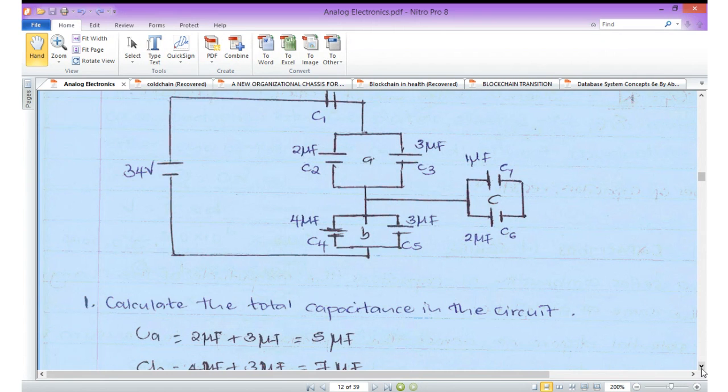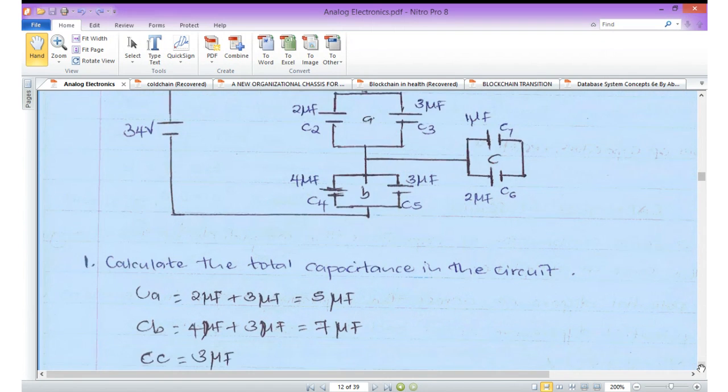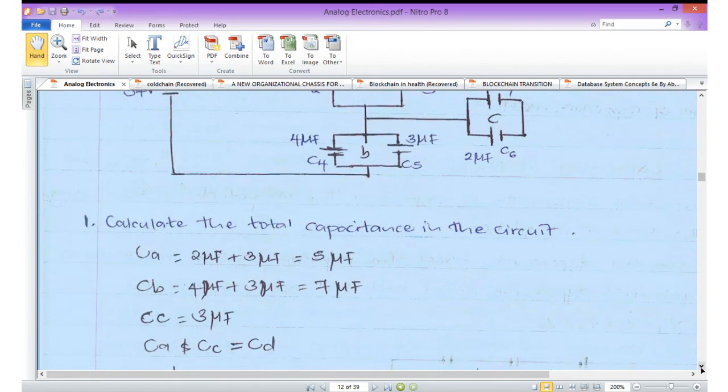What is the relationship between C4 and C5 in circuit B, and C6 and C7 in circuit C? We'll obtain those smaller capacitances first before we analyze the whole circuit. From there, you can see the computation.